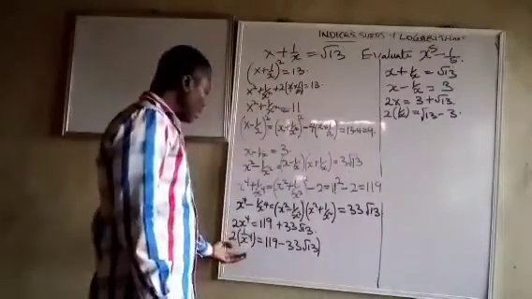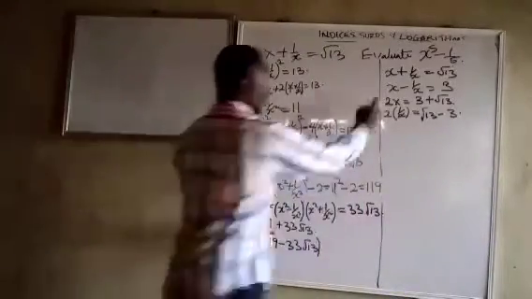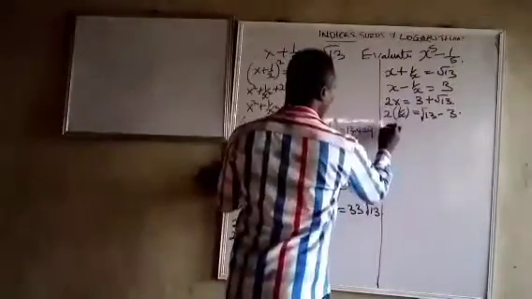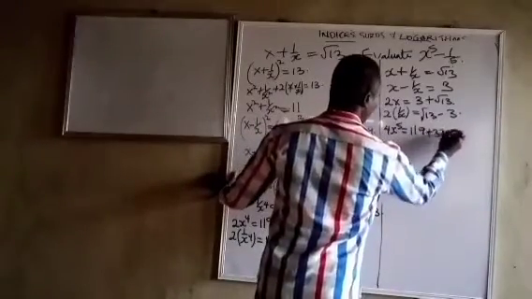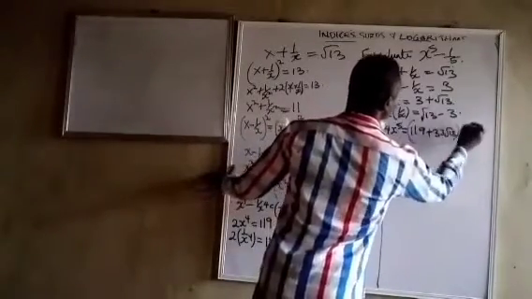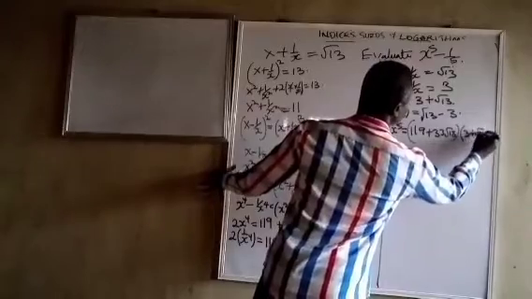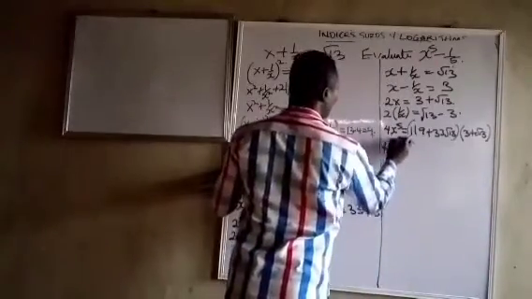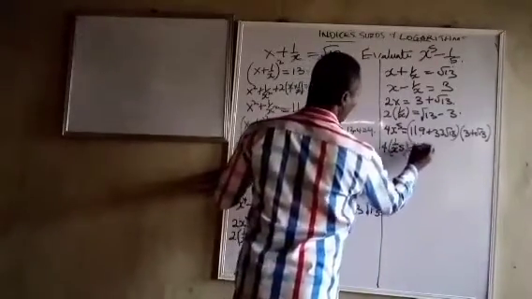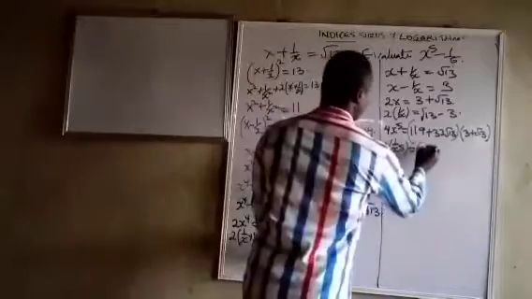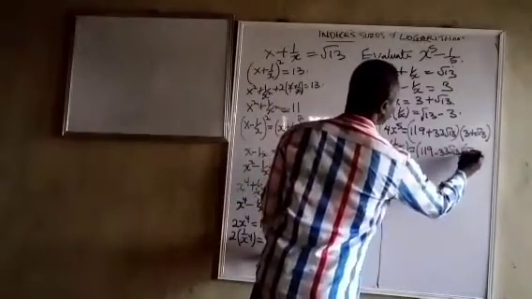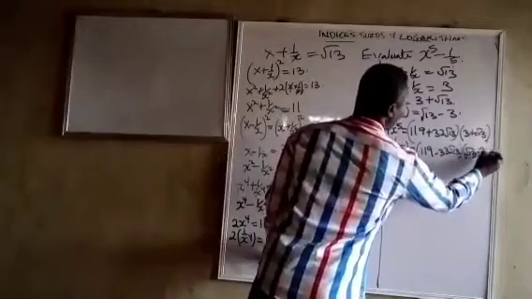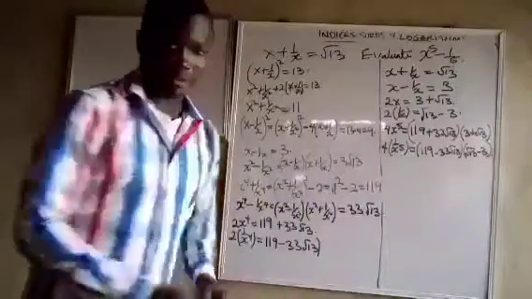To find x raised to the power 5 and 1 over x raised to the power 5, I just multiply this one by this one and this one by this one. So 4x raised to the power 5 is equal to (119 plus 33 root 13) into (3 plus root 13). 4 into 1 over x raised to the power 5 is equal to (119 minus 33 root 13) into (root 13 minus 3).